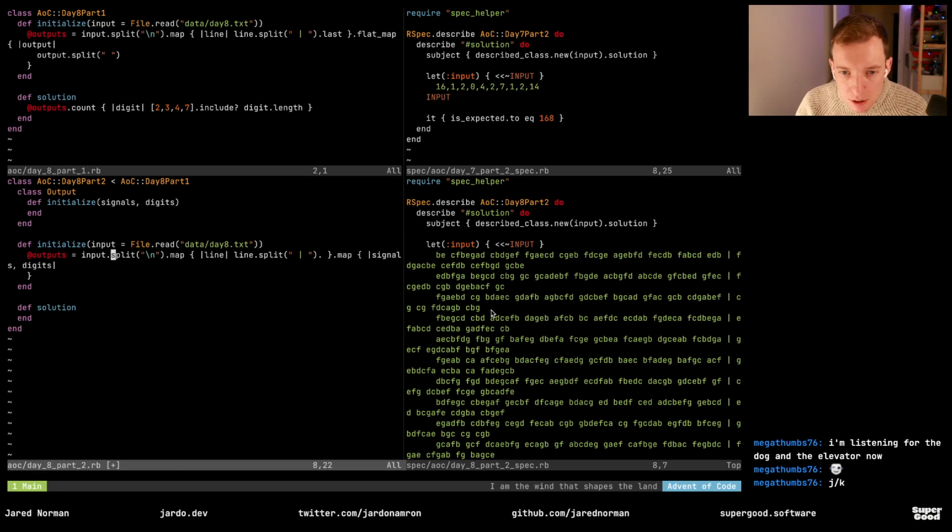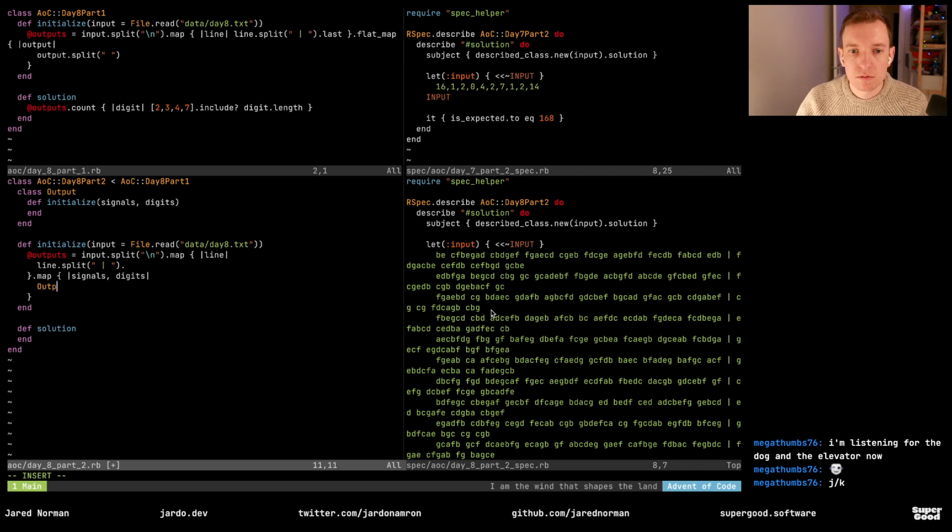It's getting pretty hard to read here. And then outputs. Also, I'll talk through this in a sec. So we'll just map these to integers and sum them.